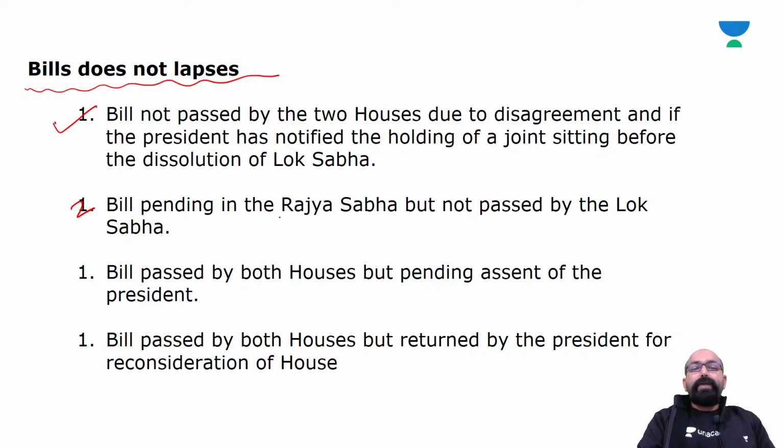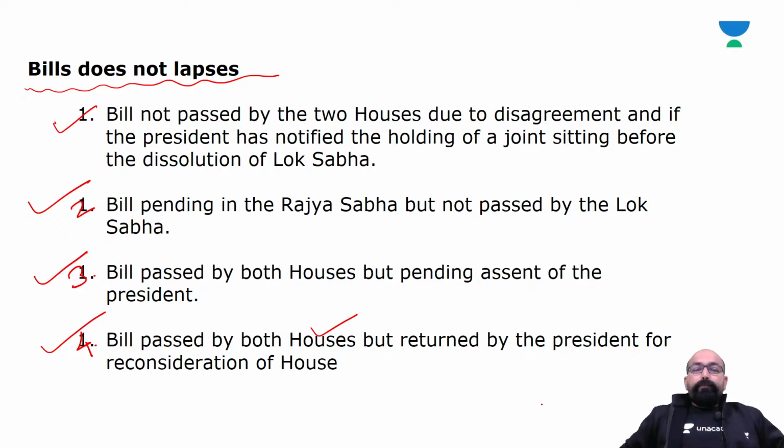Then a bill pending in the Rajya Sabha but not passed by the Lok Sabha does not lapse. Then a bill passed by both houses but pending assent of the president. And fourth, a bill passed by both houses but returned by the president for reconsideration of the house.